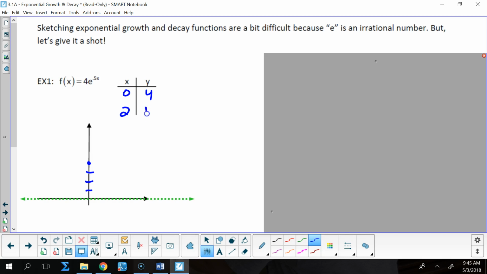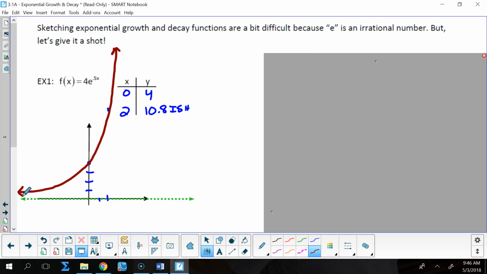So I'm going to call this 10.8-ish because we chopped e off to 2.7. I'm going to go over 2, and then go up 10, almost 11. My graph then starts by my asymptote, comes up through my y-intercept, and continues to grow.